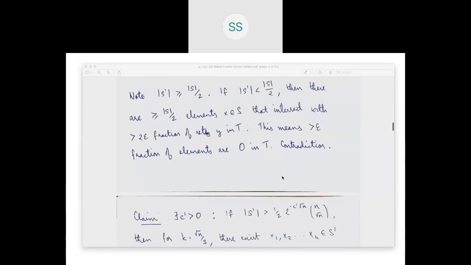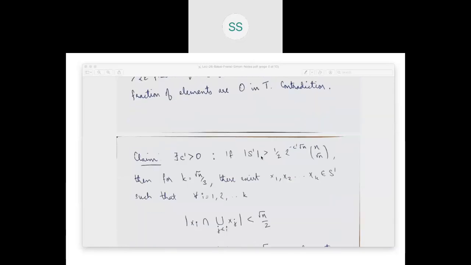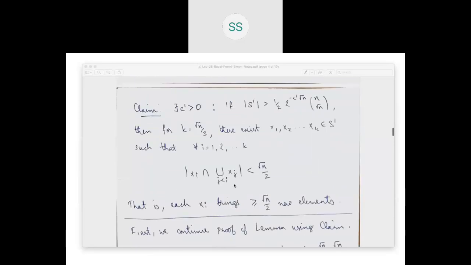And then, if S prime is of that size, then it has a further submatrix S double prime, which is what is asserted by the claim here, such that every row in S double prime brings in a bunch of new entries.